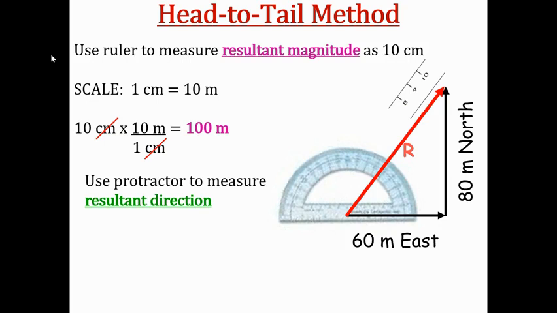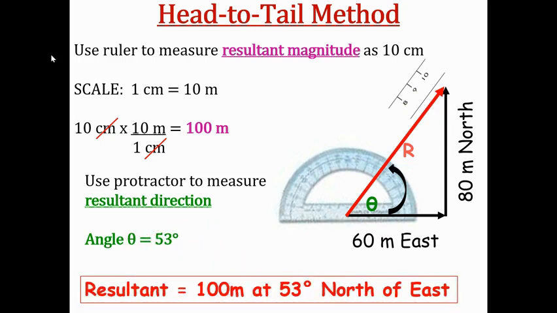Make sure you're looking at the scale that starts at 0 on your protractor to measure this angle as the direction of your resultant. And in this problem, it should measure to be about 53 degrees. So our final answer is that the resultant is 100 meters at 53 degrees north of east. That is our final answer.